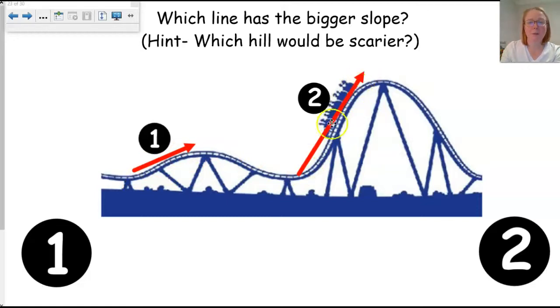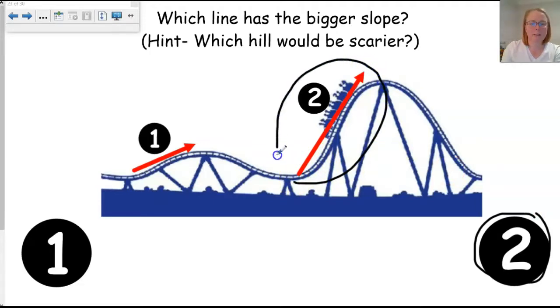Or would it be number two? What do you think? Which one has the bigger slope? Which one's taller? Number one or number two? If you said number two, you are correct. This hill right here is definitely taller and steeper, which means it has a bigger slope. Great job.